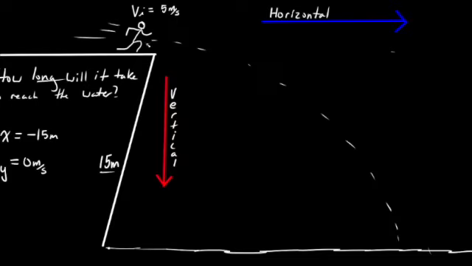If I think about the moment he steps off the cliff, he's not really falling yet and doesn't have a vertical velocity at that moment. It takes some time as he accelerates downwards before he gains velocity. So that initial vertical velocity is 0 meters per second.